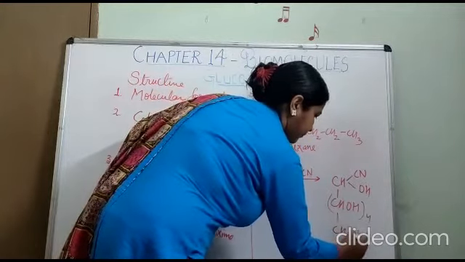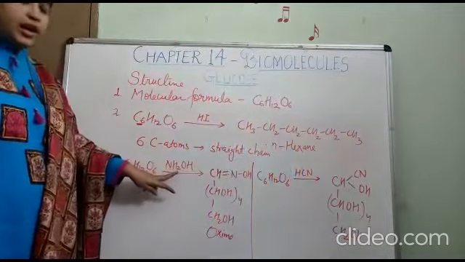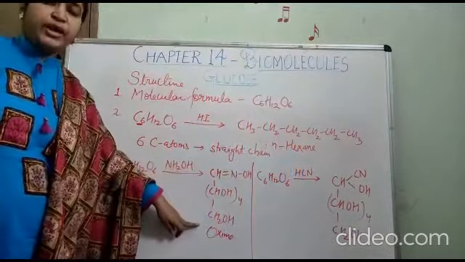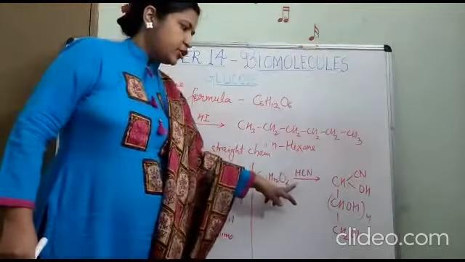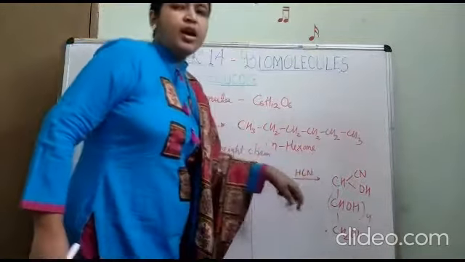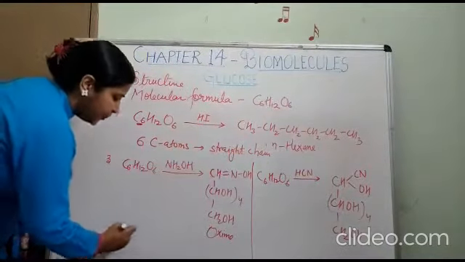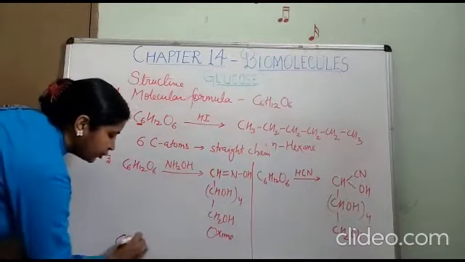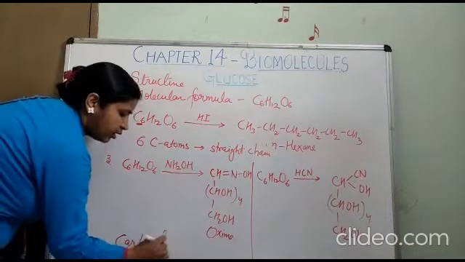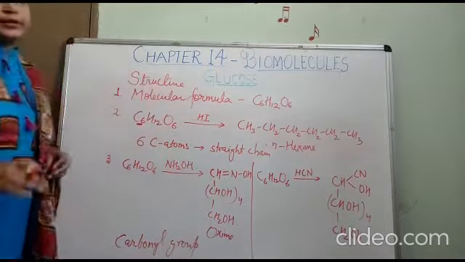So these two reactions, reaction of glucose with hydroxylamine forming an oxime, and reaction of hydrogen cyanide with glucose forming a cyanohydrin, indicate that a carbonyl group is present in glucose.